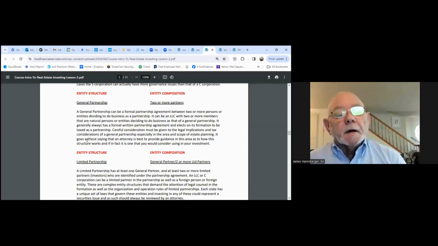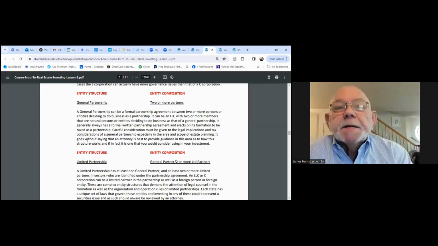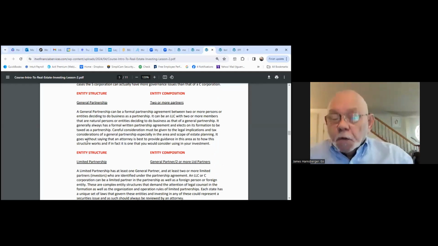All right, then we have the composition of the general partnership entity structure with 2 or more partners. These are very, very preferred entity composition structures because, depending on other factors, they give us some unique opportunities to do some additional planning for those partners.